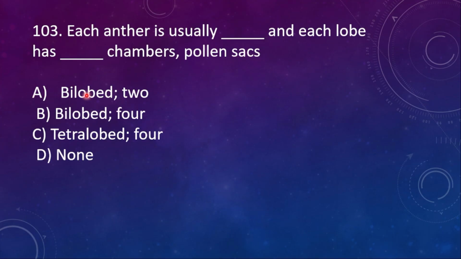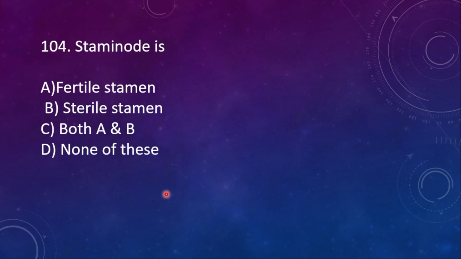Option A, bilobed, 2, option B, bilobed, 4, option C, tetralobed, and then 4, option D, none. So here the right option is bilobed with 2 chambers. 104. Staminode is A, fertile stamen, B, sterile stamen, C, both A and B, D. None of this. And the right option is B. Sterile stamen.